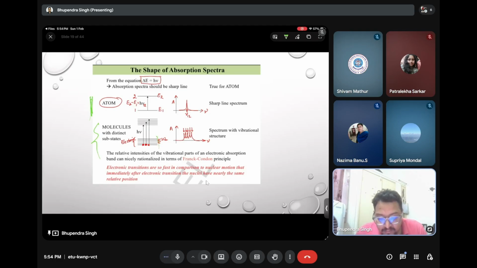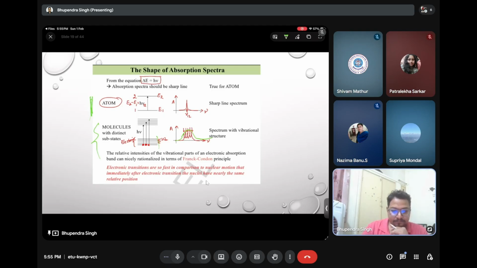So all the transitions are possible. Of course, as we have seen in the Franck-Condon principle diagram, the intensity of the transition will be higher or lower, but the transition will be there. So that is why you will see a broad spectrum. If you collectively see the spectrum, it will look something like this. That is why the spectrum with the vibrational structure of a molecule is broadened.